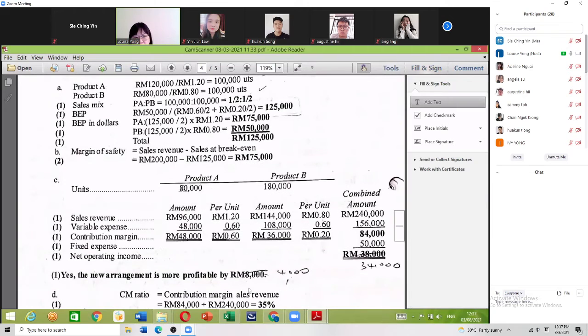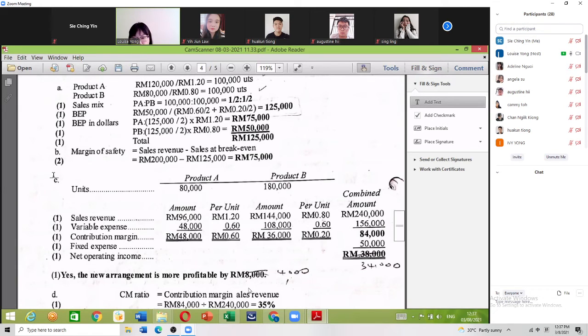So prepare your profit statement. Part C, if product A 18,000 units, product B 118,000. So what is your sales revenue? Then combine together. What is your variable cost? Variable cost 这边已经有讲了，6毛钱。And then your contribution margin, less your fixed cost.